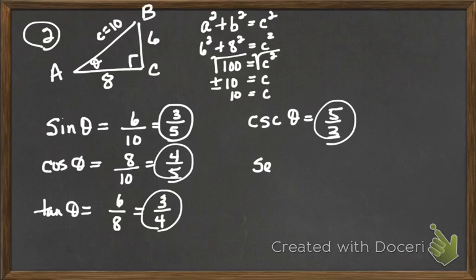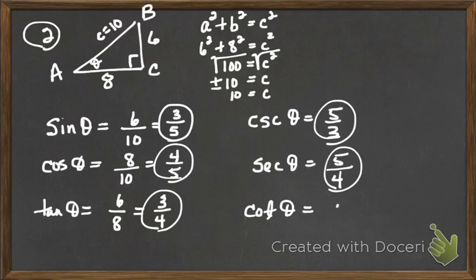Secant of theta would be 5/4. And cotangent of theta would be 4/3. Okay, first part of your homework, that's what they're going to be asking you to do. Questions about number 2? All right. If you end up with a square root in the bottom, you are going to have to rationalize. I'm not going to do any more from that section.